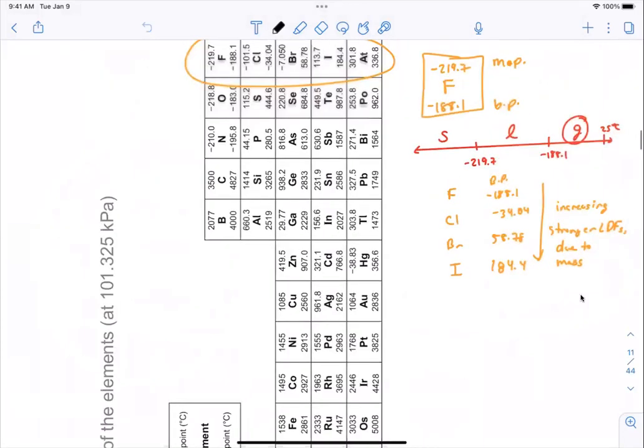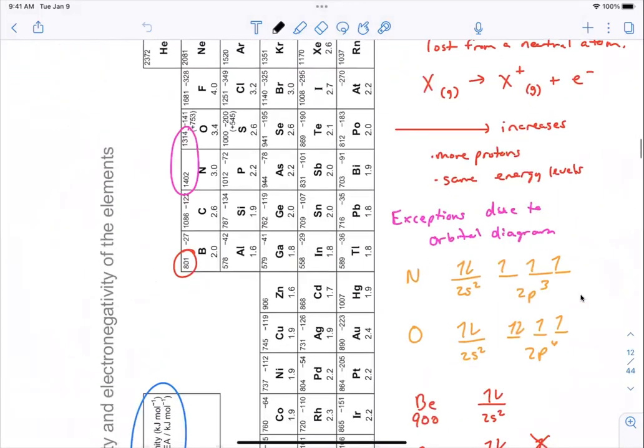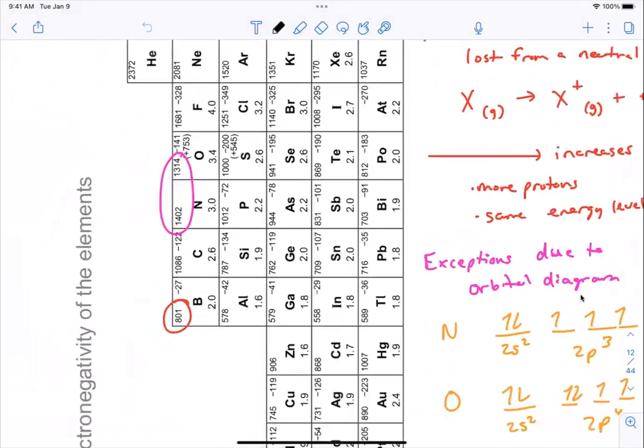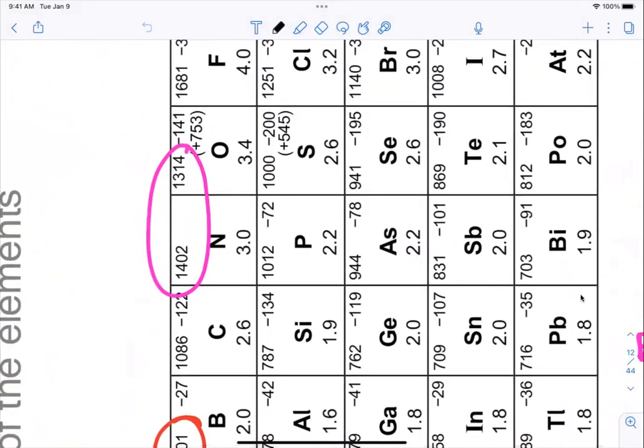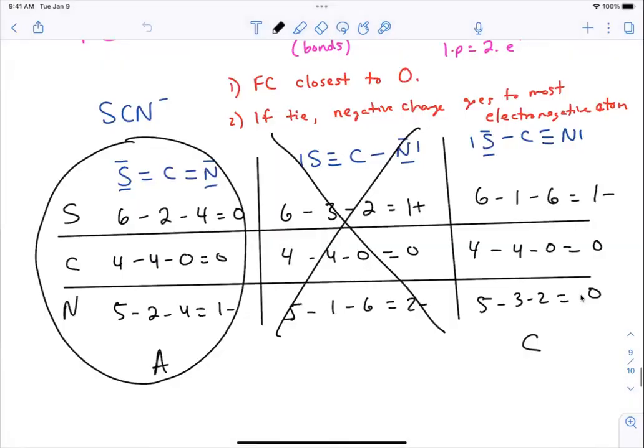There's a whole data table for electronegativity here, and you can see that N is 3.0, S is 2.6. So N gets the 1 minus, and your best structure is this structure of the three.